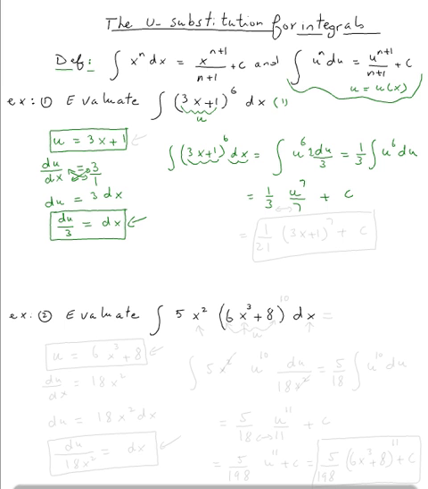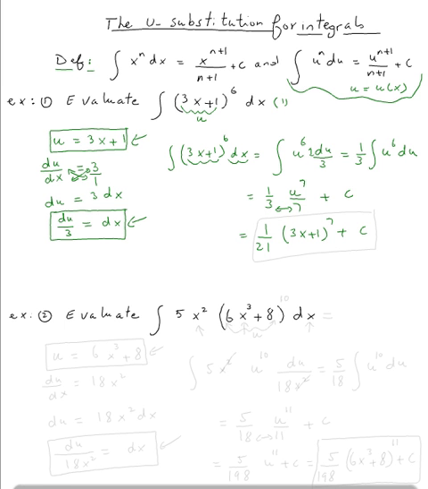Remember, this is an integral of a function of x, so all we need to do is replace u by its value. First of all, 7 times 3 is 21. So 1 over 21, u is 3x plus 1, so (3x plus 1) to the 7 plus a constant, and you're done.